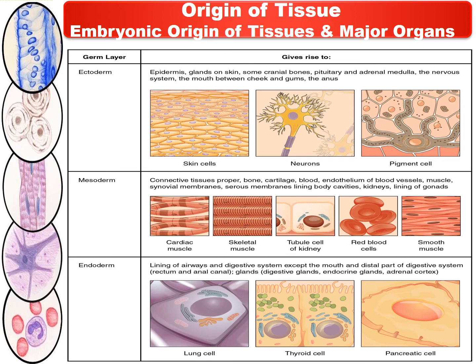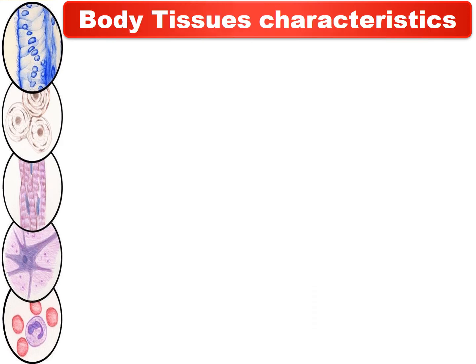Whereas the third germ layer gives rise to the linings of airways and digestive system, except the mouth and the distal part of the digestive system, that is the rectum and anal canal. In the case of glands, the digestive glands, endocrine glands and the adrenal cortex. That means endoderm gives rise to lung cells, thyroid cells and pancreatic cells.